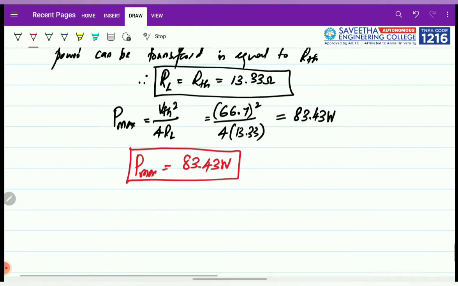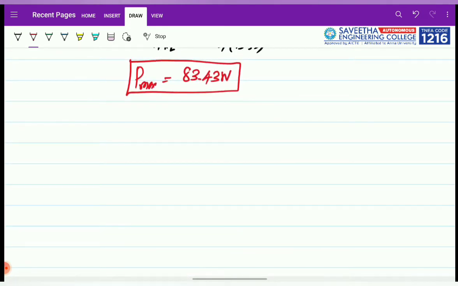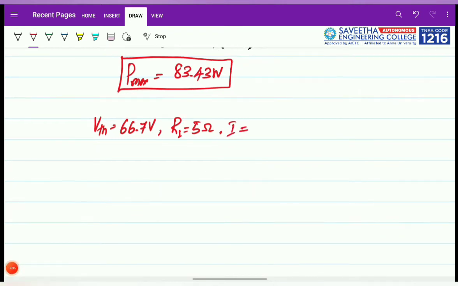In the earlier case with the Thevenin theorem, we found the load voltage, the VTH value, was 66.7 volts. For the load value, RL was given as 5 ohms in the earlier problem, and the current we found as 3.63 amperes.